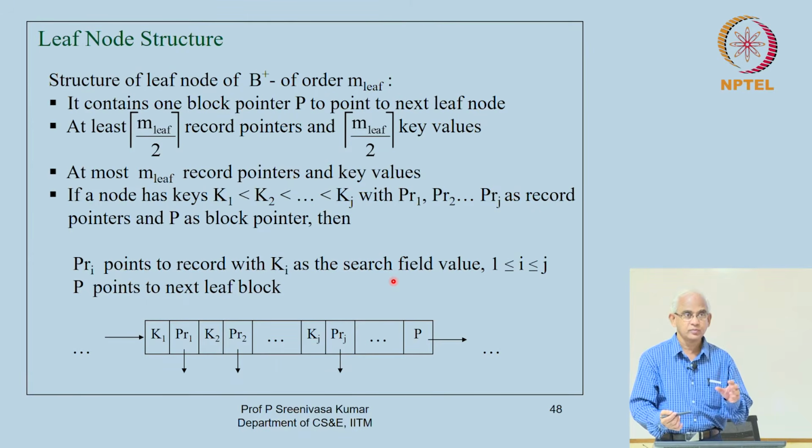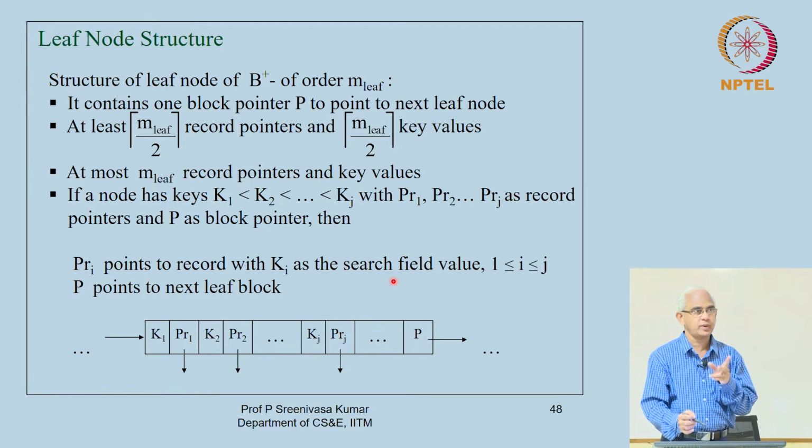So, let us now look at the leaf nodes. Leaf nodes have a slightly different structure. Leaf nodes are the ones that do not have to point to any tree nodes; they are the last, right, you have reached the leaf. So, the leaf will now have pairs of things. What are the pairs?